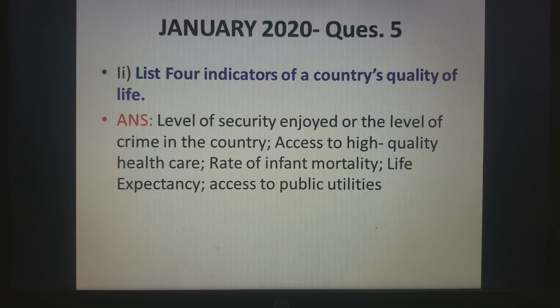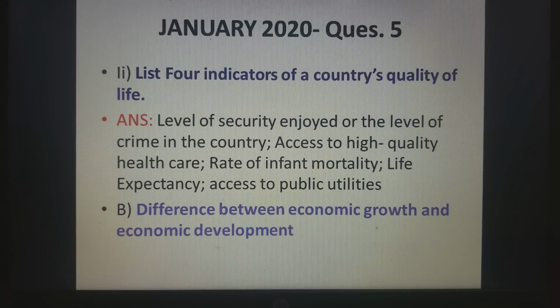So you may write the level of security enjoyed, or you may write the level of crime in the country. 3, you may write access to high quality health care. 4, rate of infant mortality. 5, life expectancy. And 6, access to public utilities. So we have given you 6 options that you could decide on which 4 to use in responding to that question.